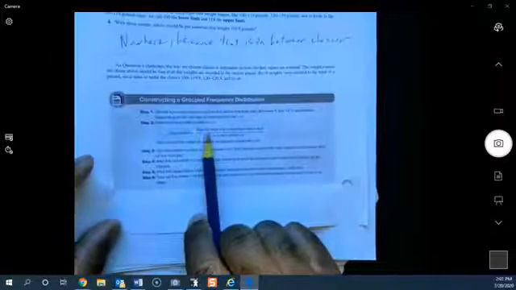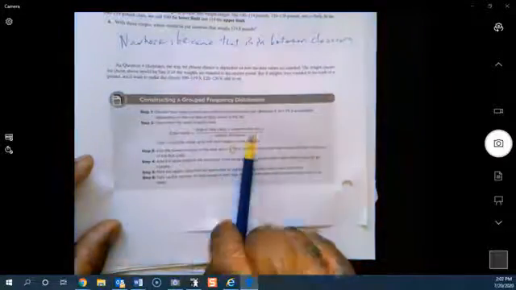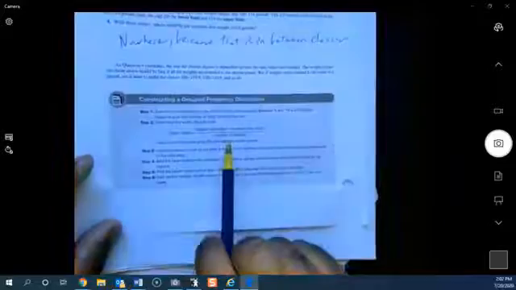Now, number 7, it says, how wide would this make each class if we went with 15 classes? Does this sound like a good idea? Now, remember, back on the previous page, we broke this up into parts. The class width is the largest data value minus the smallest data value, and then we would divide that by the number of classes.